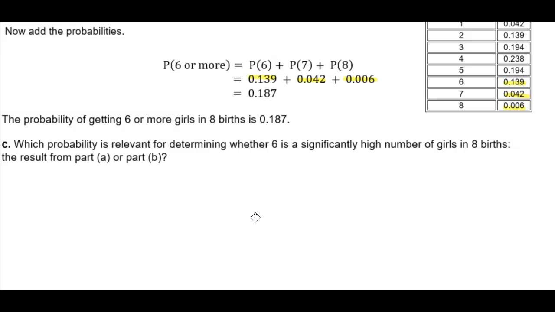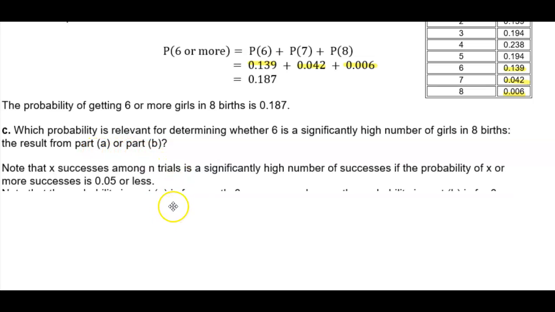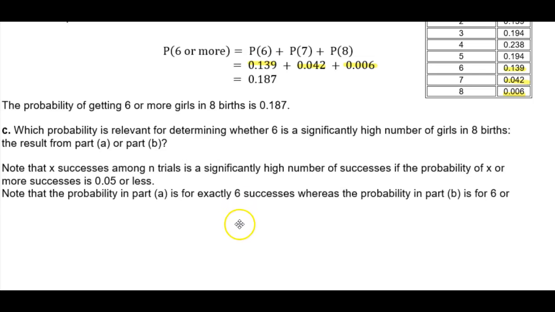Now, part C, which probability is relevant for determining whether 6 is a significantly high number of girls in 8 births? The result from part A or the result from part B? Now note that X successes among N trials is a significantly high number of successes if the probability of X or more successes is 0.05 or less.